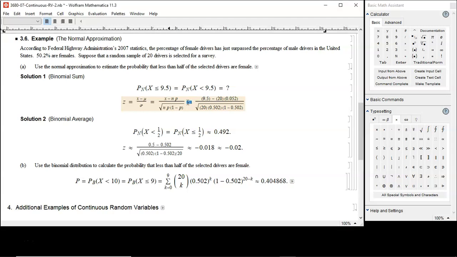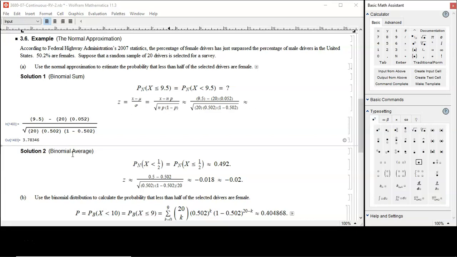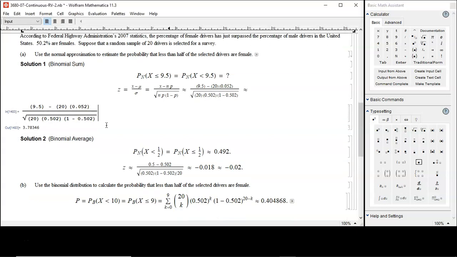All right, let's resume our computation. What is this if you use Mathematica to calculate? Excuse me, something is not right here.